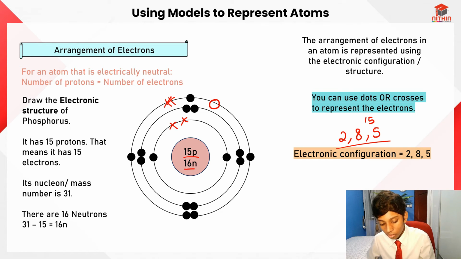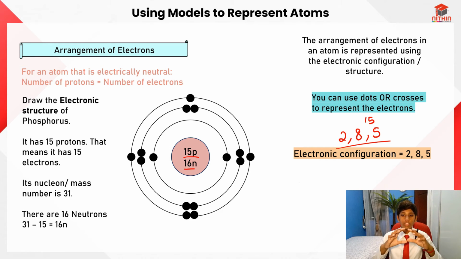Okay, and always remember one rule. This is very, very important. When you're having electrons, they always need to be in opposite directions. So there's one electron here and there's another electron here. They are opposite each other. Two here, two here. There's also two here, opposite each other.